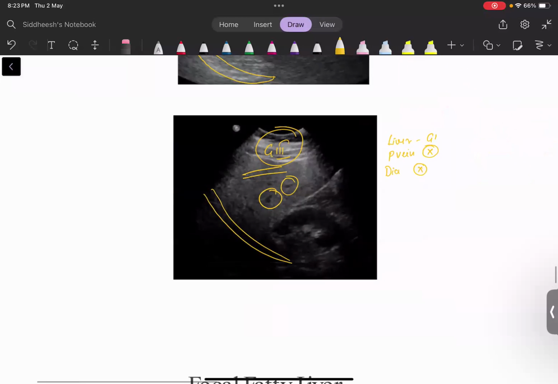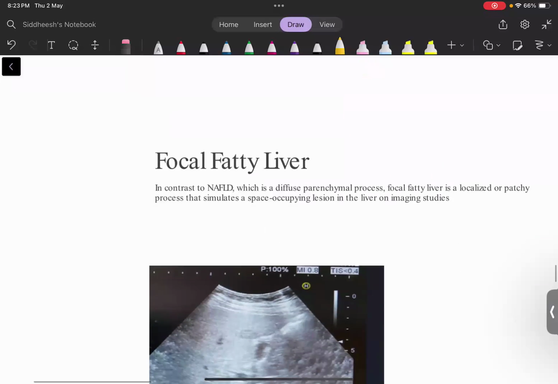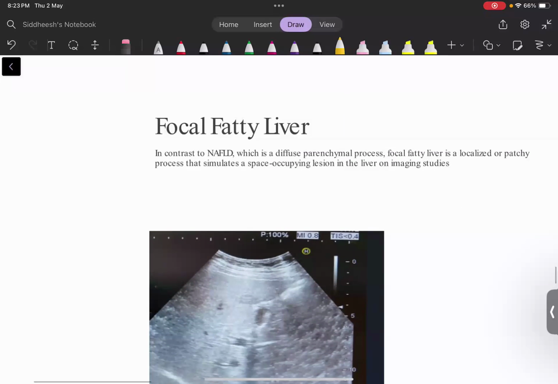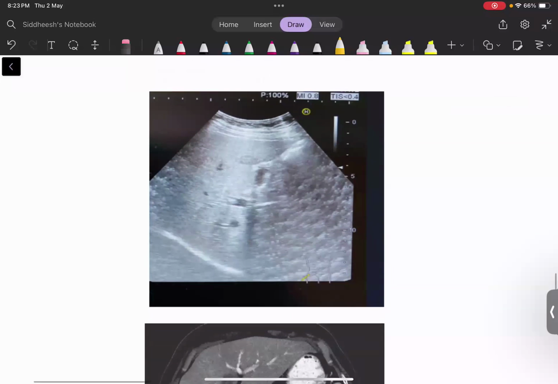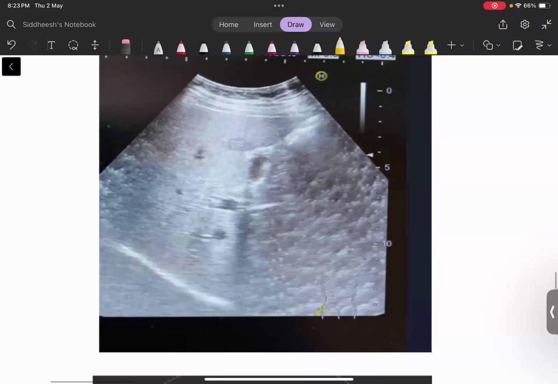Okay. So this was all about the diagnosis of fatty liver. Now we have one more thing, focal fatty liver. Again, I'm trying to give you some advanced touch of fatty liver disease. Here we have the liver image. This is your liver, right? This is your diaphragm. This is again your liver.